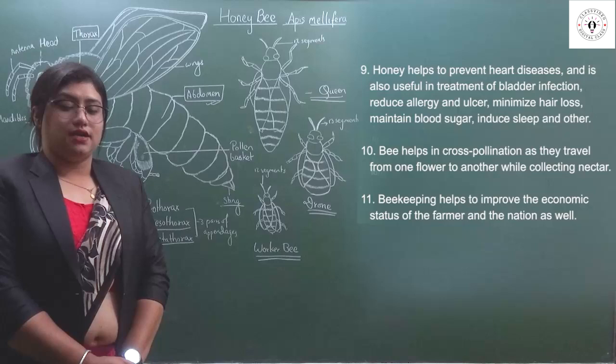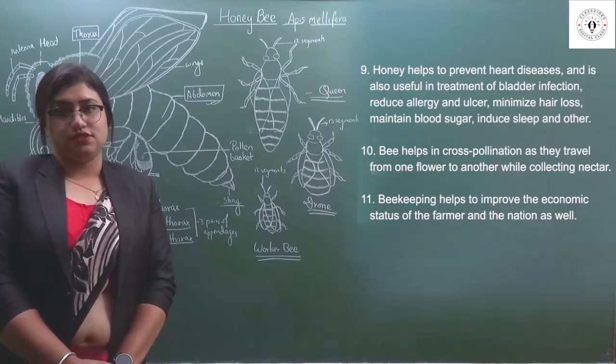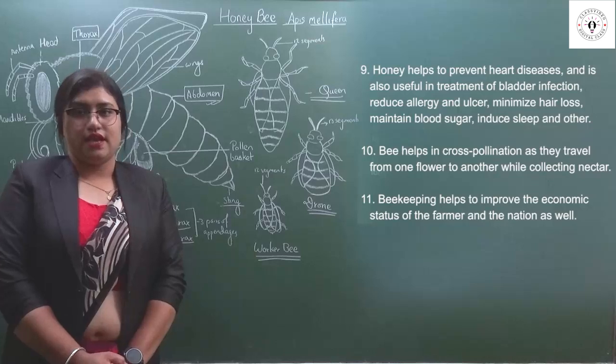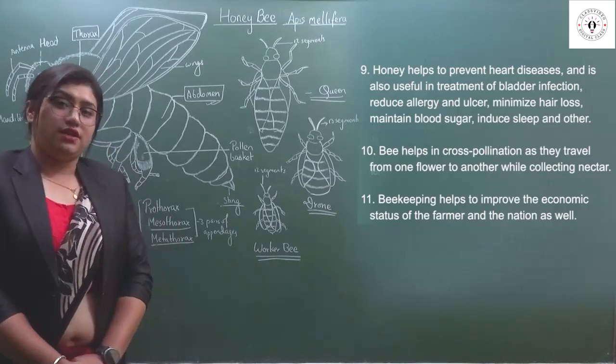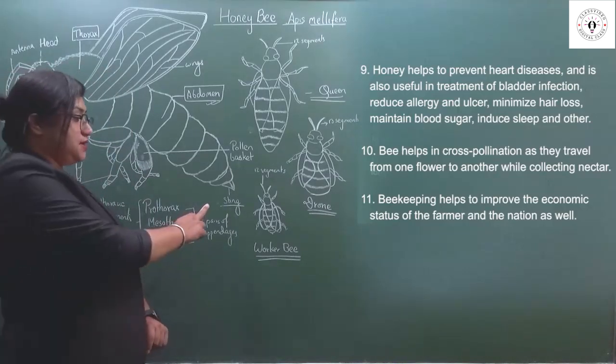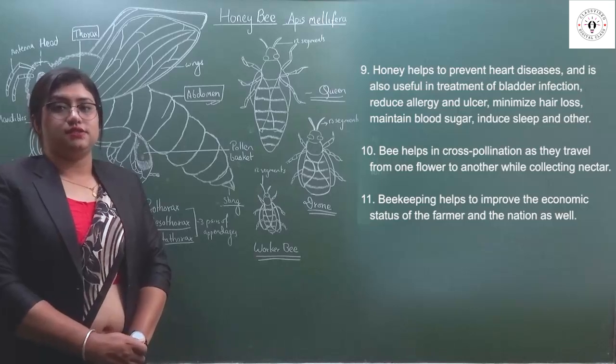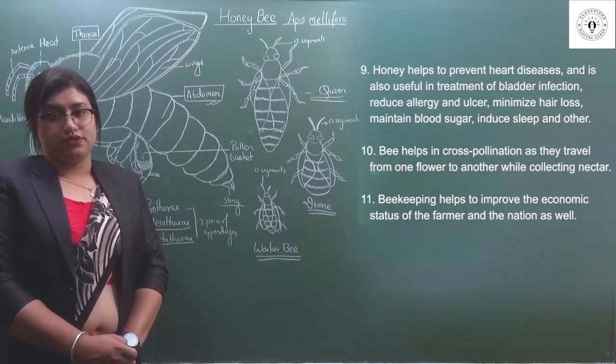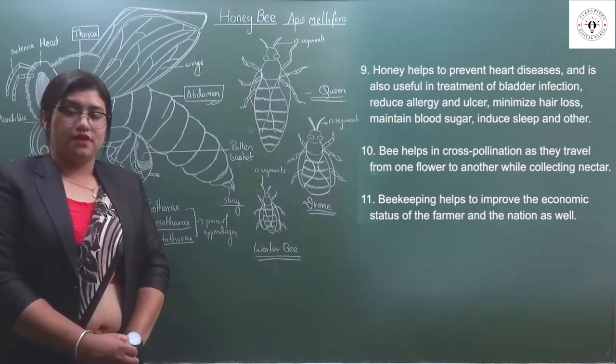Honey also prevents heart disease and it helps in the treatment of bladder infection too. It also helps with allergy. You must have heard that when a honeybee sting appears, we need to put honey on it.